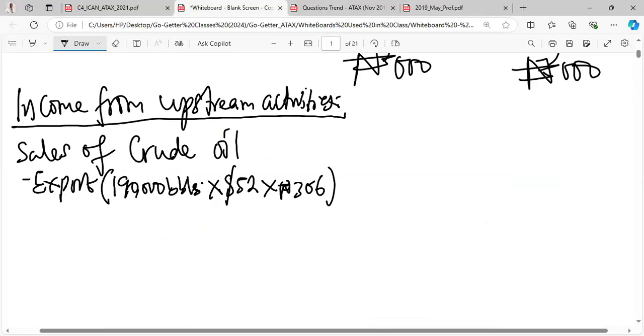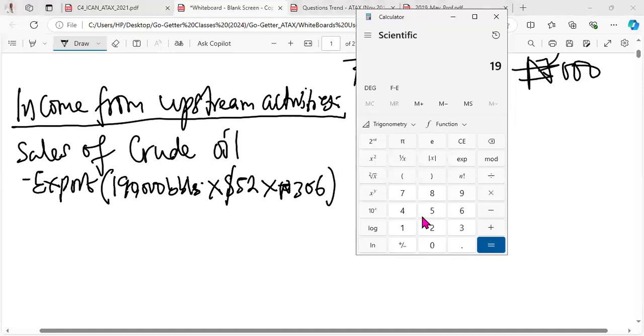All right, let's calculate this. 190. Now, remember, it was 190,000, right? I decided not to put the thousand because of these three zeros that I put up here. If I put the whole thousand, I will still need to remove three zeros. So if I remove the three zeros now, because it's multiplication I'm doing, anything I get in my calculator is what I'll put there.